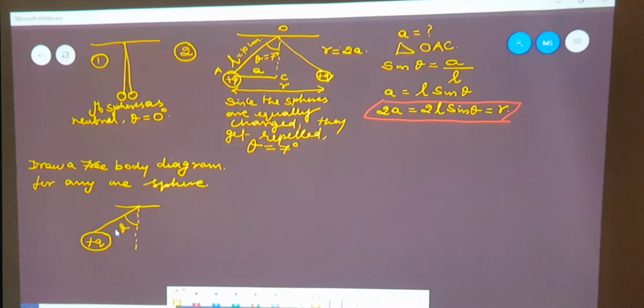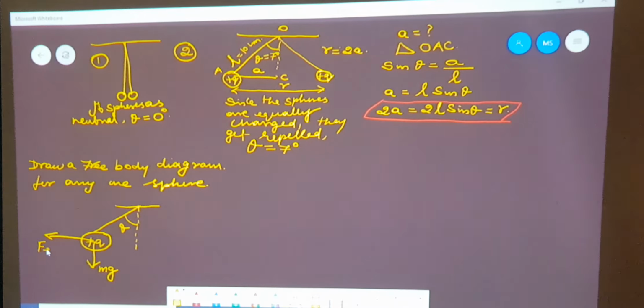Now let us consider what are the forces that are available here. First of all, the gravitational force acting vertically downwards is m into g. Since you have two spheres which are repelling each other because of the same nature, the electrostatic force acts in this direction.